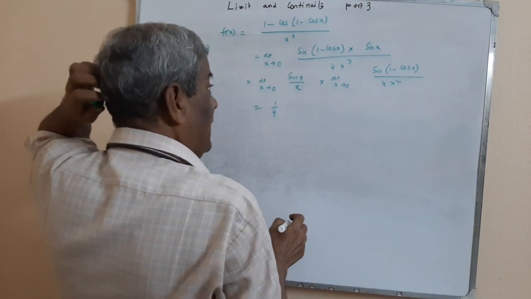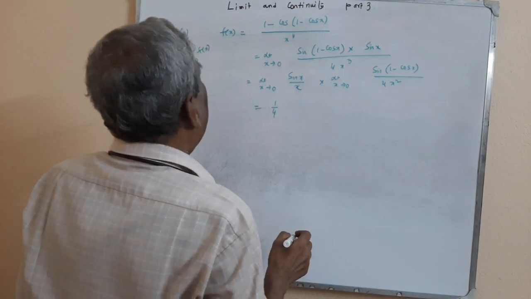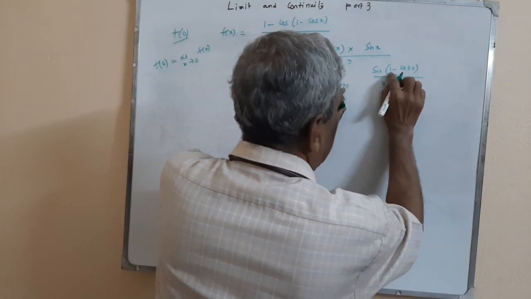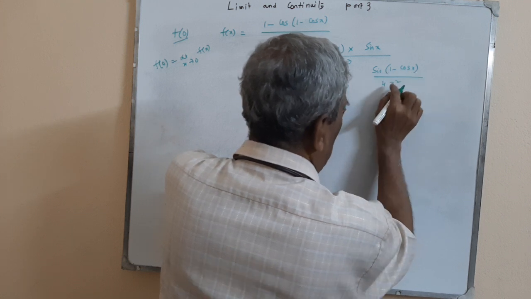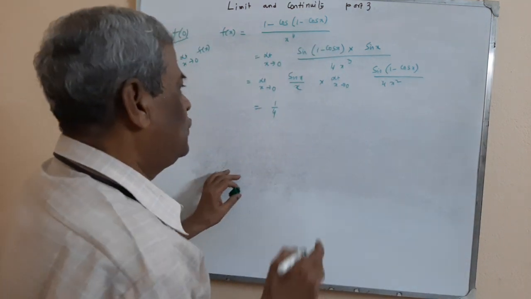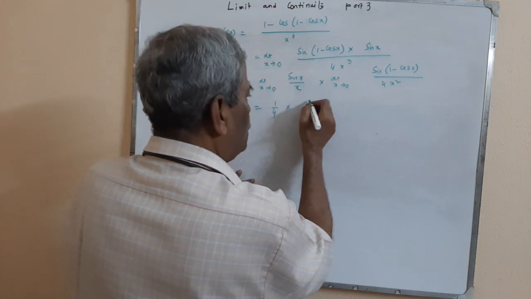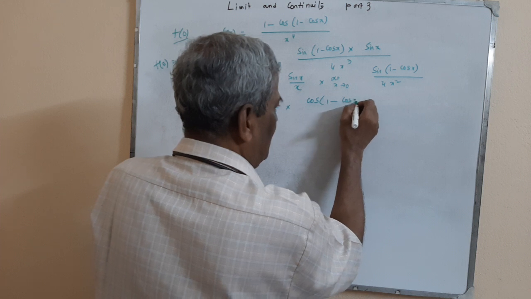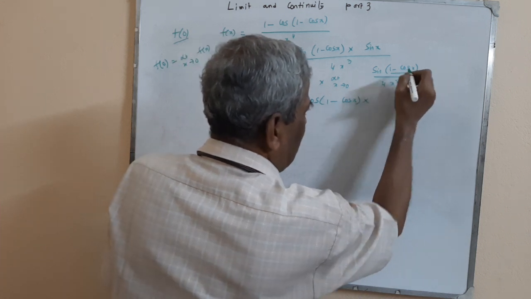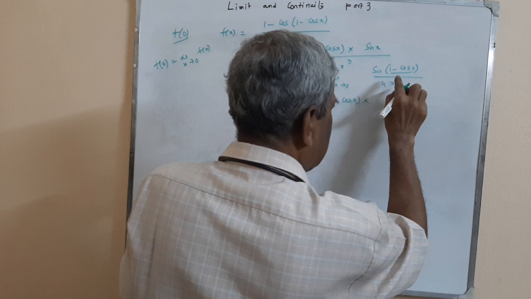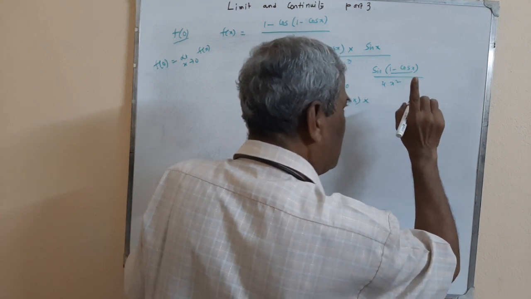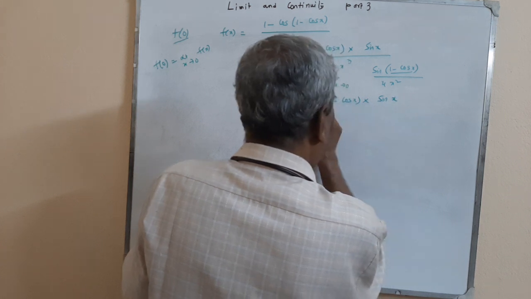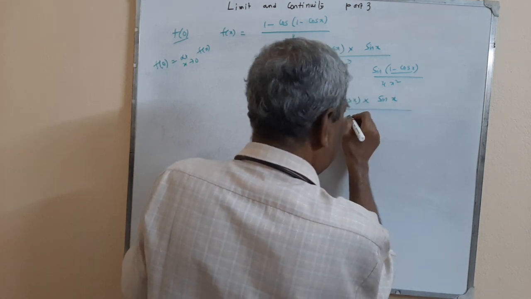Now again we can apply L'Hospital rule, because as x tends to 0, sin 0 is 0 by 0. So it becomes cos of 1 minus cos x into the derivative of that part, minus derivative of cos x is minus sin, so plus sin x, by 8x.